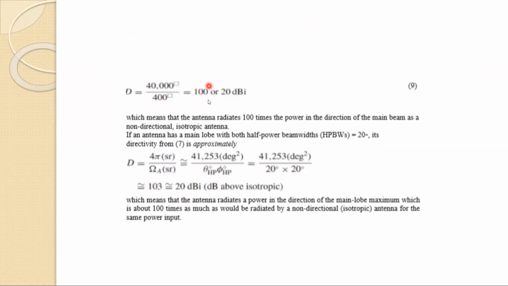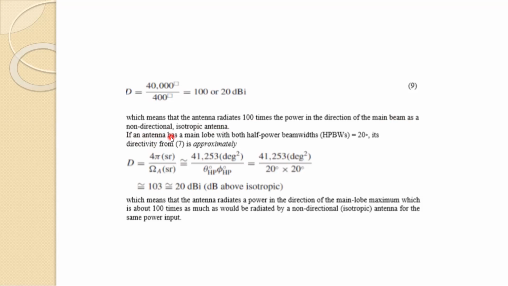This 100 converted into decibels for an isotropic radiator equals 20 dBi. The answer is 20 dBi, which means the antenna radiates 100 times the power in the direction of the main beam as a non-directional isotropic antenna. You are familiar with the definition of an isotropic antenna.